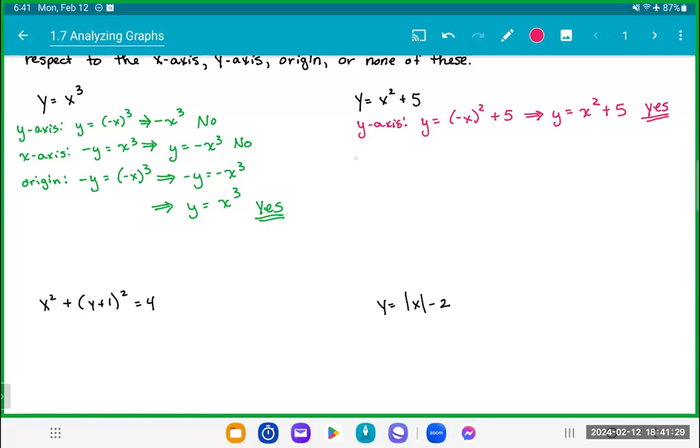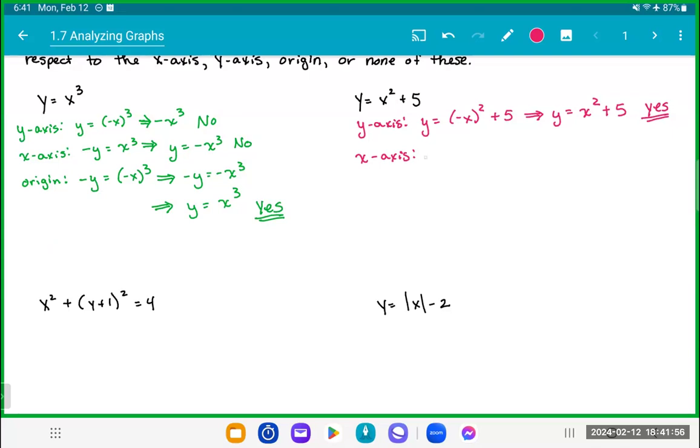We can test it for the x-axis. The reason we do these tests is because when we graph things, it's good to know if they're symmetric to either the axis or the origin, because then we only have to graph half of it, and then we can do the mirror image on the other half of the graph.